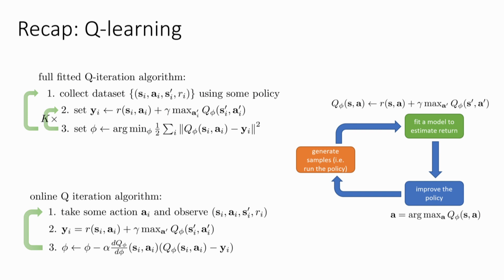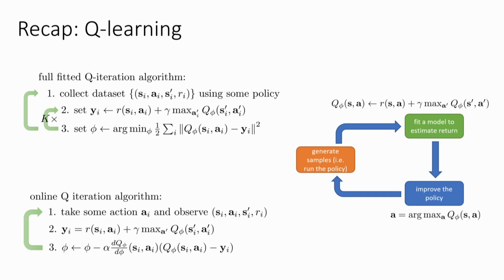If we instantiate a version of this algorithm where we take exactly one gradient step in step 3 and set k equal to 1, and collect only one data point in step 1, basically set all the parameters to 1, then we actually recover the online Q-learning algorithm.